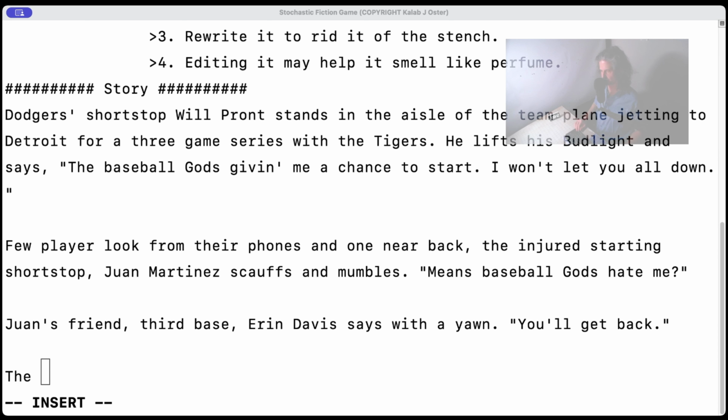So Juan's friend, third base, Aaron Davis, says with a yawn, you'll get it back. It's like a sprained ankle. It's a high sprain. Maybe pull the hamstring.